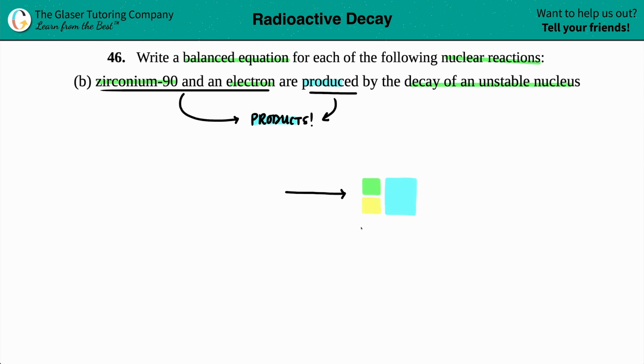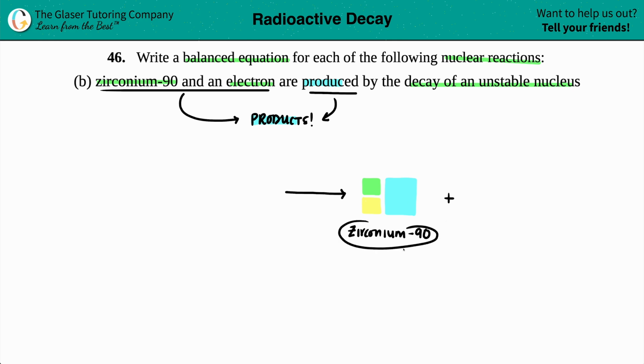We have zirconium-90. Just as a cool little fact, we see zirconium all the time, right? It's used in jewelry. Cubic zirconia is coming from zirconium. So you're just wearing a metal. Pretty cool.